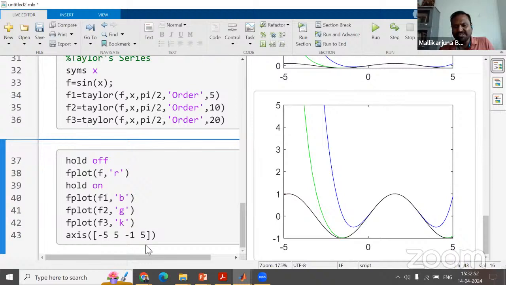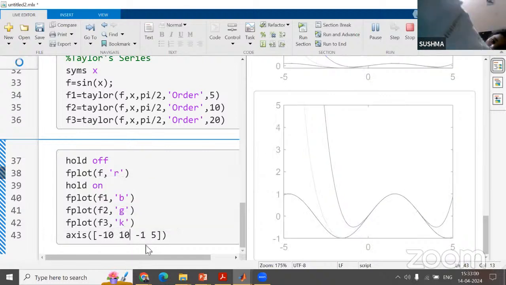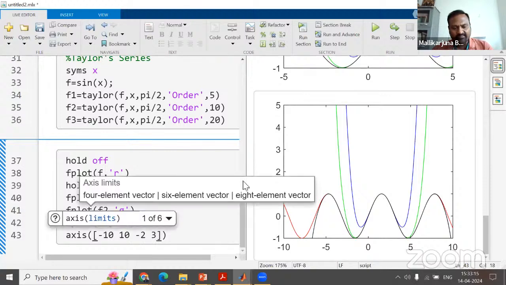The red one is not at all appearing. So let me take -10 to 10. You can see here, for a little more understanding, -2 to 3.